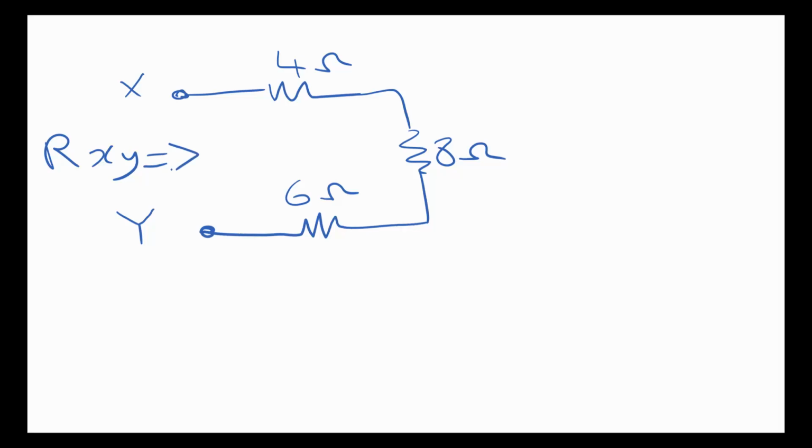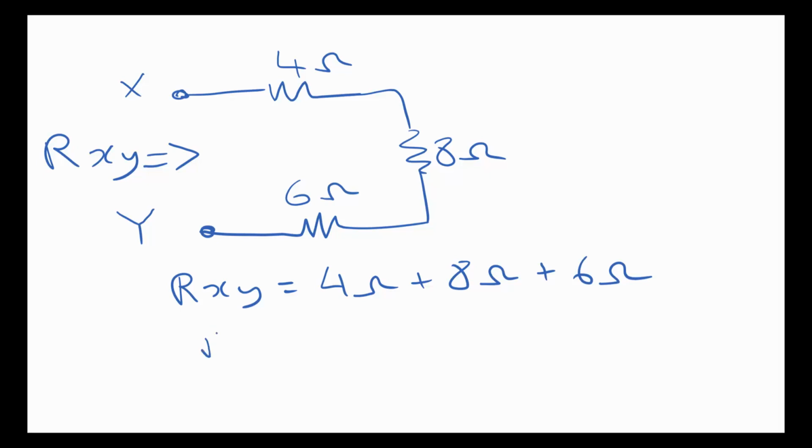Since these resistors are in series, we can just add them up. So our Rxy is equal to 4 ohms plus 8 ohms plus 6 ohms, and therefore the sum of that is 18 ohms. And that is the solution to this question.